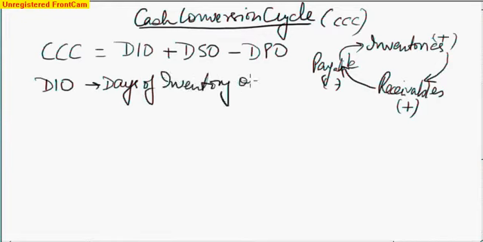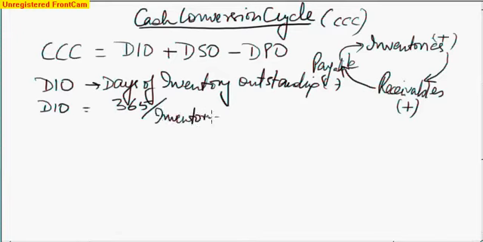So earlier we have talked about inventory turns. Days of inventory outstanding is equal to 365 days divided by the inventory turns. Now what is inventory turns?